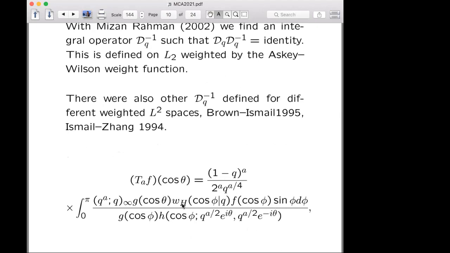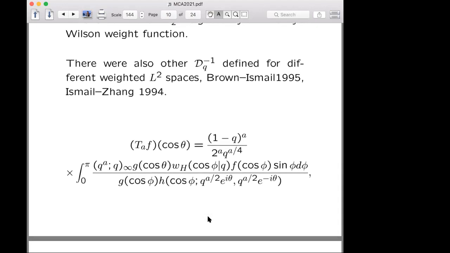Sorry, this is the weight function for the q-Hermite, and 1 over this times that is the Poisson kernel. So it's just written in an explicit form. And then this is the dx, because x is cosine phi. And so this is what the operator is that we started with.